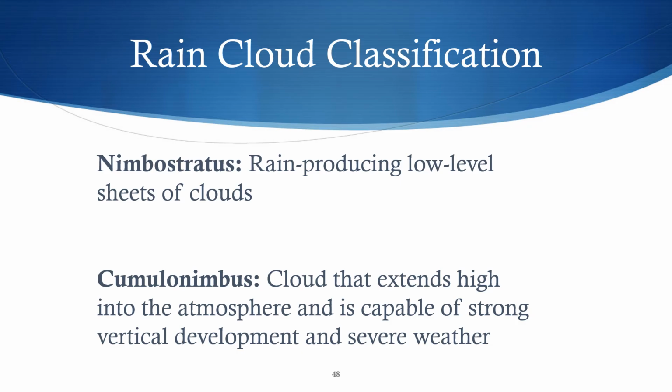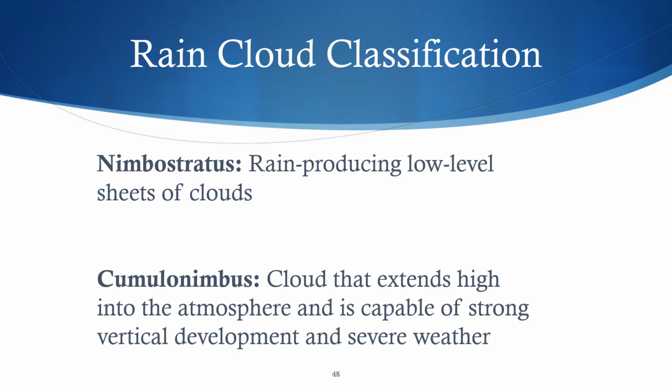If a cloud is going to rain, we add the word nimbo or nimbus to its name. I can't think of any mnemonic for you to remember that other than if it's raining, you just add nimbo.